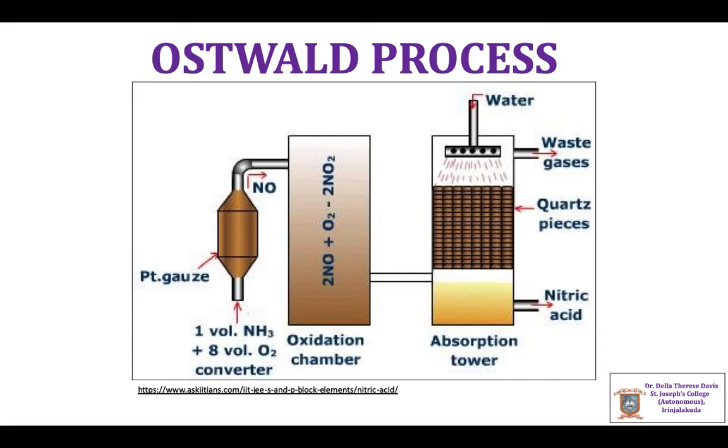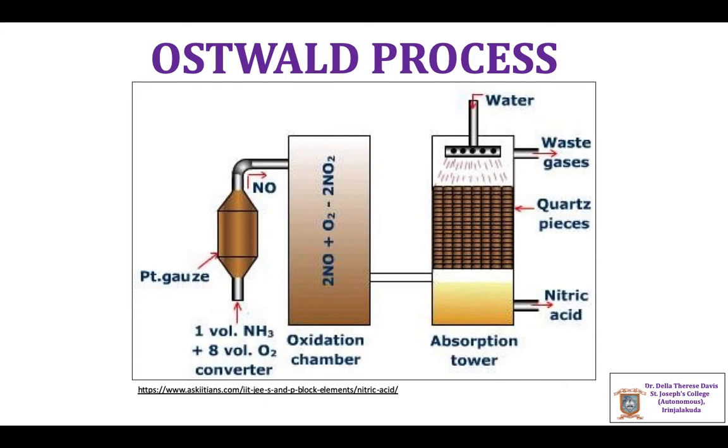The nitric acid thus obtained is very dilute. It is concentrated up to 68% by distillation, and further dehydrated to give 98% nitric acid. The dehydration is done in the presence of concentrated sulfuric acid.